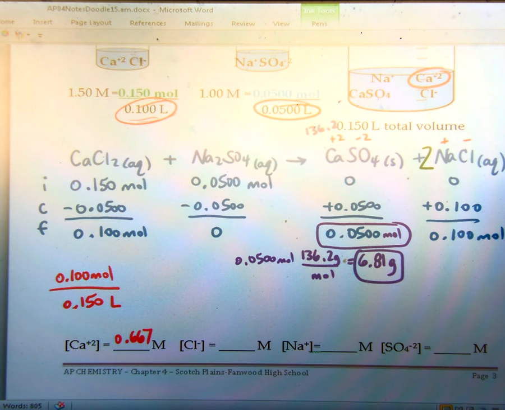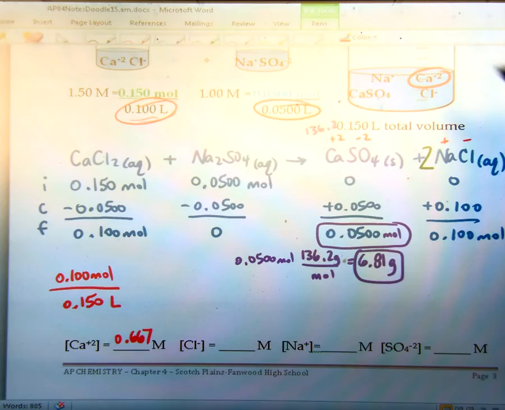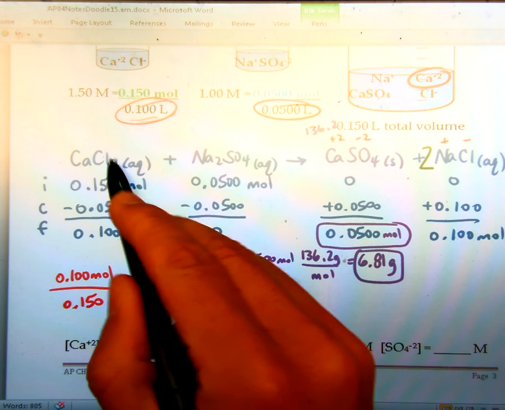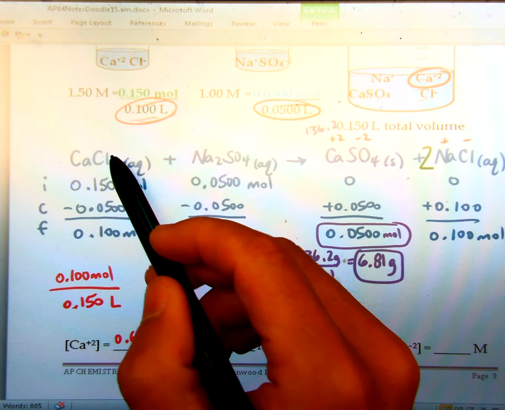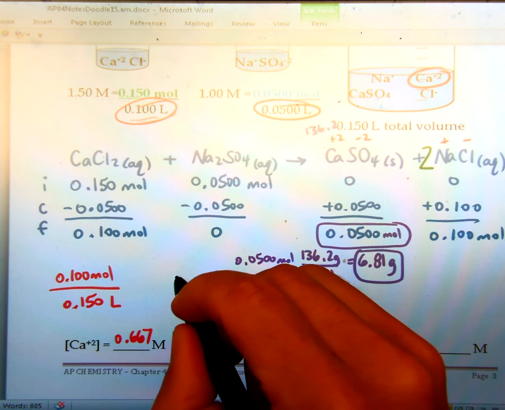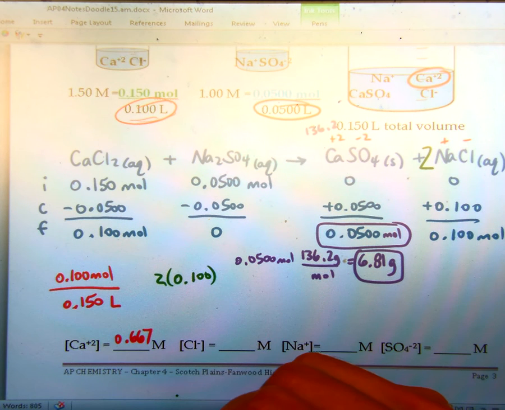Okay? Now what we're going to do is take the next ion, which is chloride. So chloride is going to be left over from here, but remember, there are 2 chlorides in this, so it's like bikes and tires. There are 2 tires in every bike. If I had 100 bikes, I'd have 200 tires. So this is going to be 0.1 times 2 for that chloride.